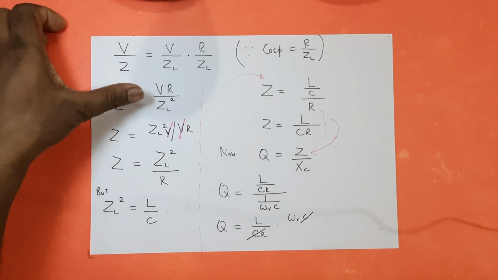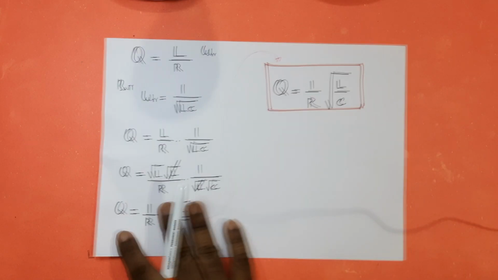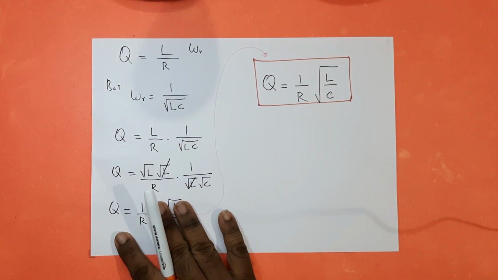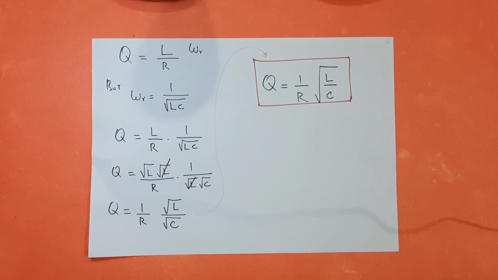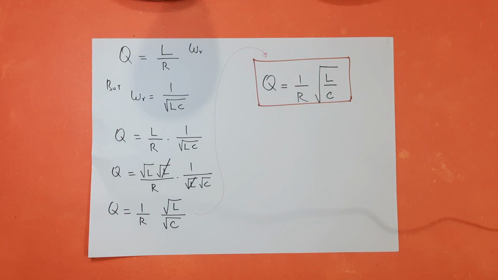So you will be getting Q equal to L by R into omega R. And we know very well omega R equals 1 by square root of LC. So substitute that here. Q equal to L by R multiplied by 1 by square root of LC.